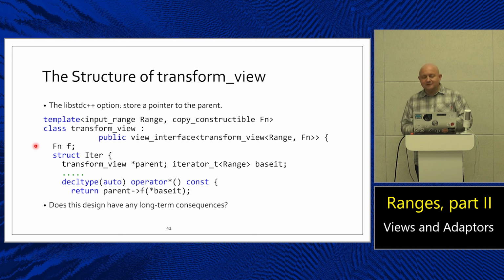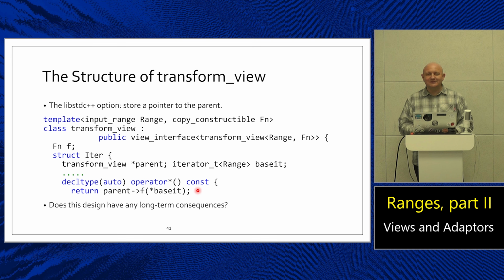Then the iterator only keeps a pointer or reference back to the view and uses the callable from there, like parent f of star base. And look, here is where we do need our std::mem_fn, because in my poorly written transform view, I was lazy. I haven't written std::invoke here, and boom, without std::mem_fn, everything will explode.